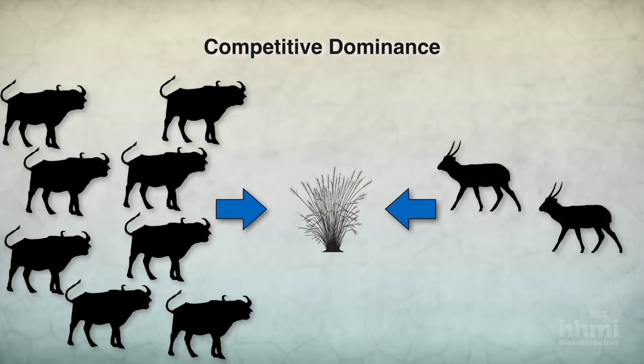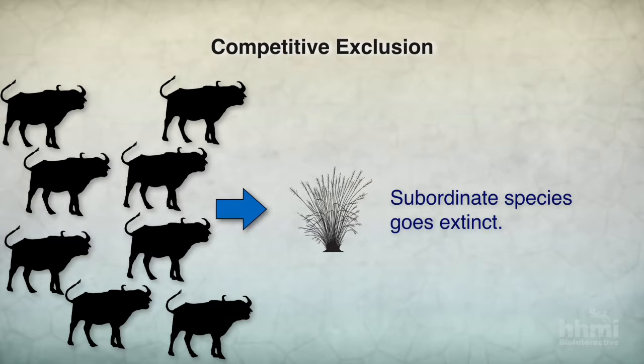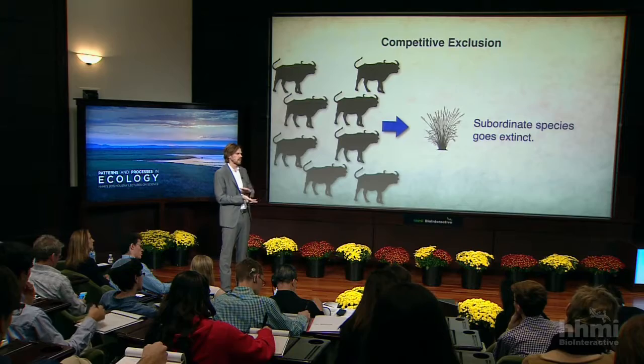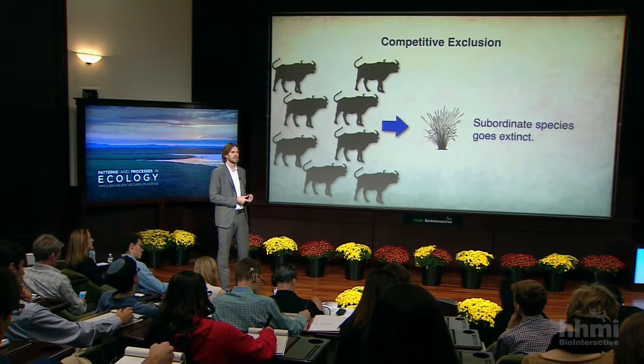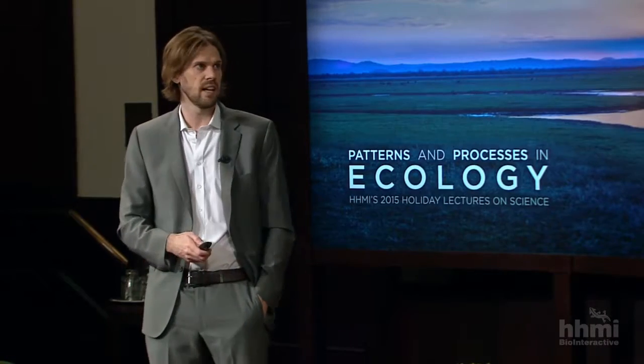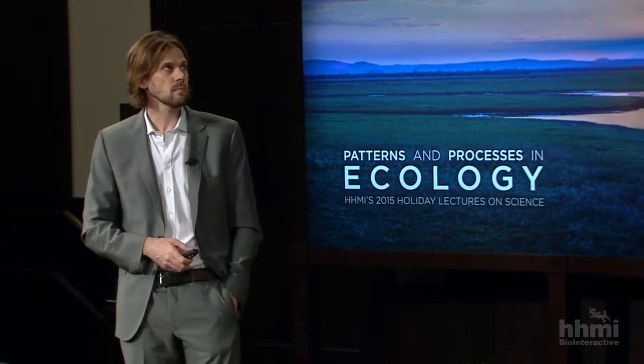And over time, what that can lead to is competitive exclusion, right? The competitively subordinate species, waterbuck in this case, will actually go extinct. Competitive exclusion is a classic phenomenon originally demonstrated with paramecia in laboratory environments, but also potentially a risk in the real world.